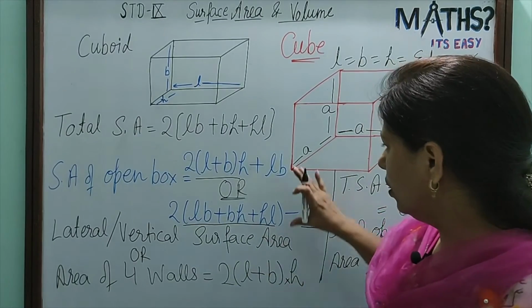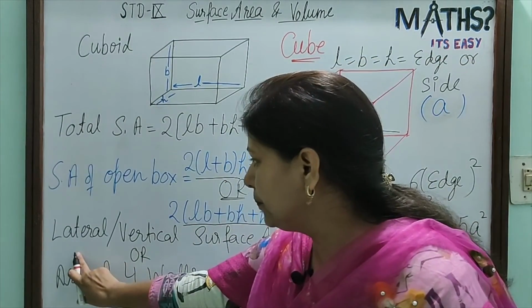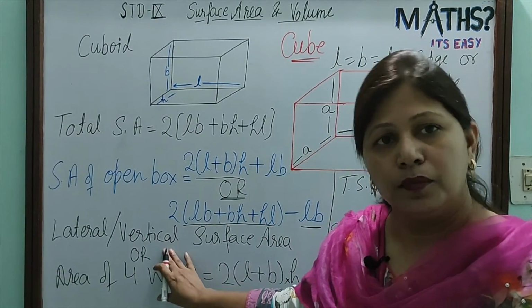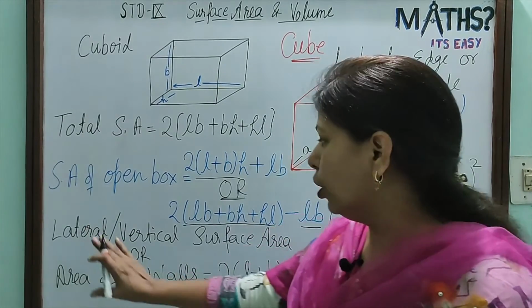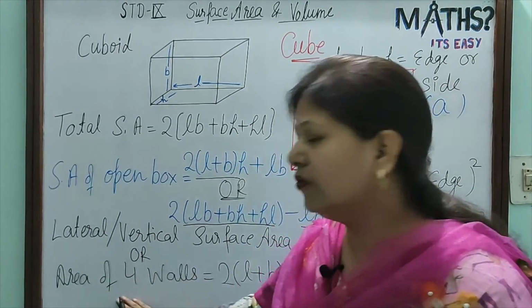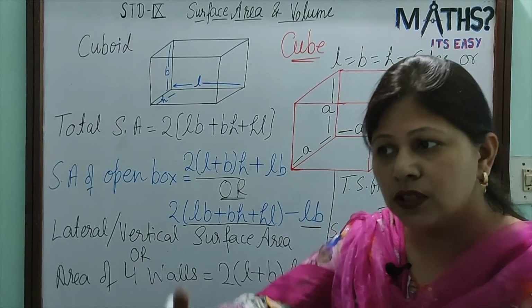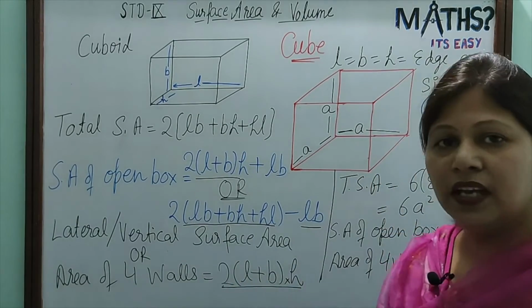Okay, so altogether these are 5 surfaces. Now the third thing, lateral or vertical, both names are given to this, lateral surface area or vertical surface area, or you can say area of 4 walls of the room. So that area is 2(l plus b) into h.